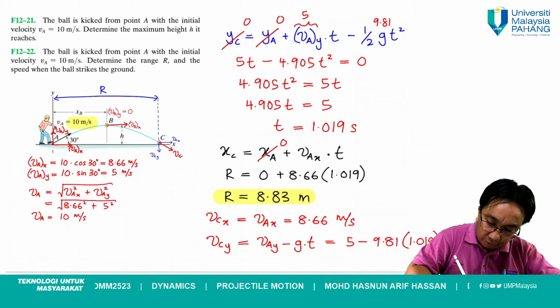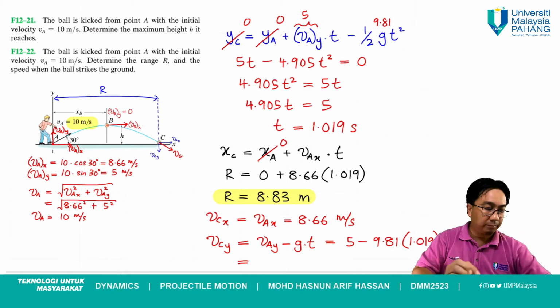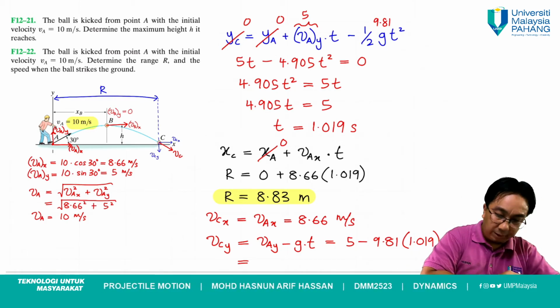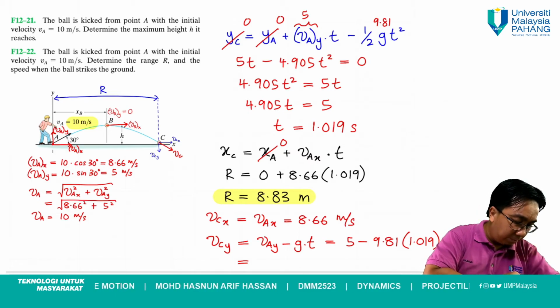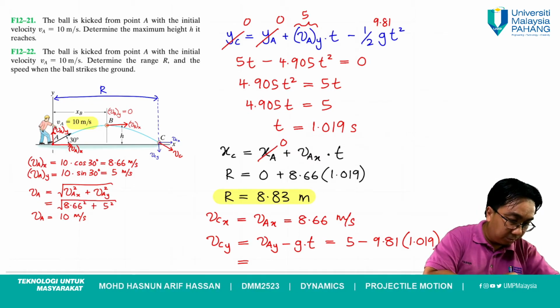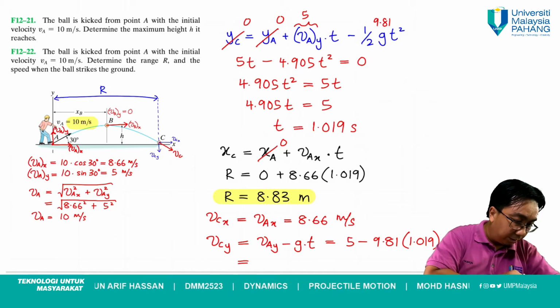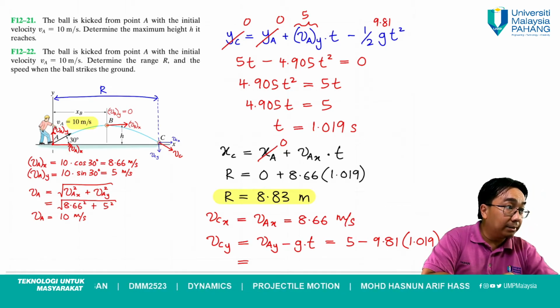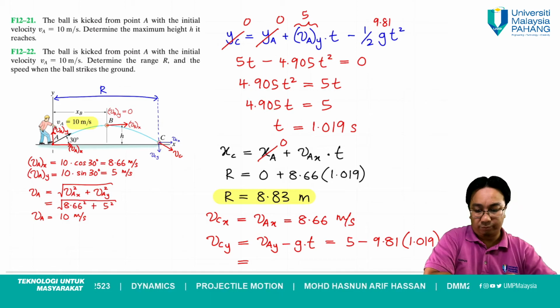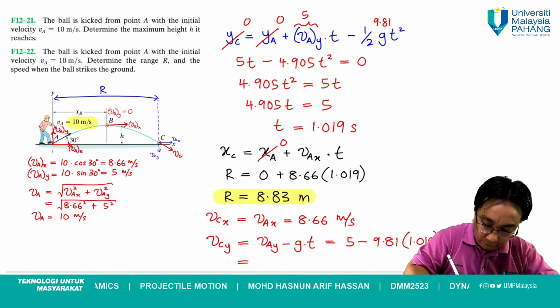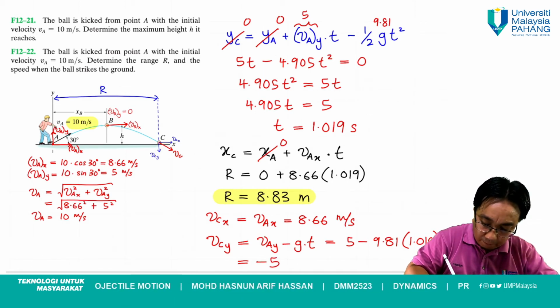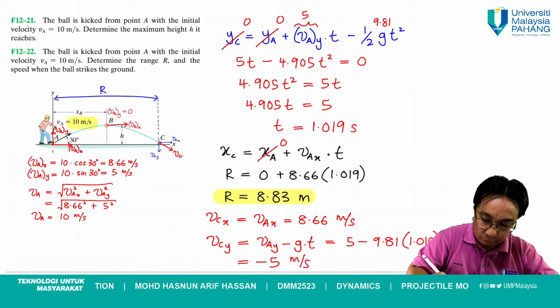So VCY akan dapat 5 minus 9.81 times 1.019, minus 5. You akan dapat VCY is minus 5 meter per second square.